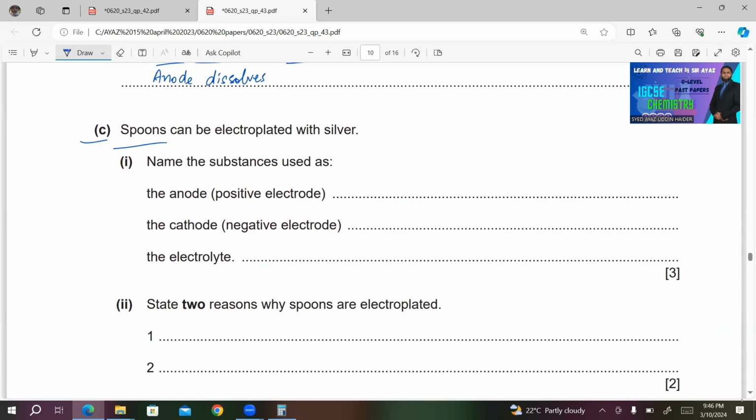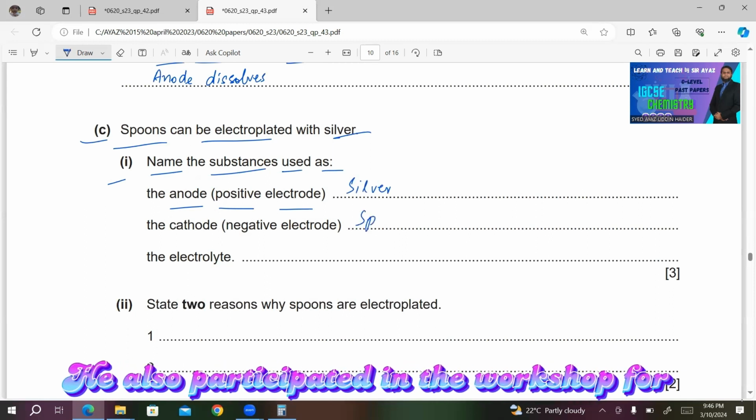C, spoons can be electroplated with silver. Number 1, name the substances used as the anode, that is positive electrode here. So we need to electroplate spoon with silver. So anode should be of silver and cathode should be of spoon. Spoon should be made cathode.